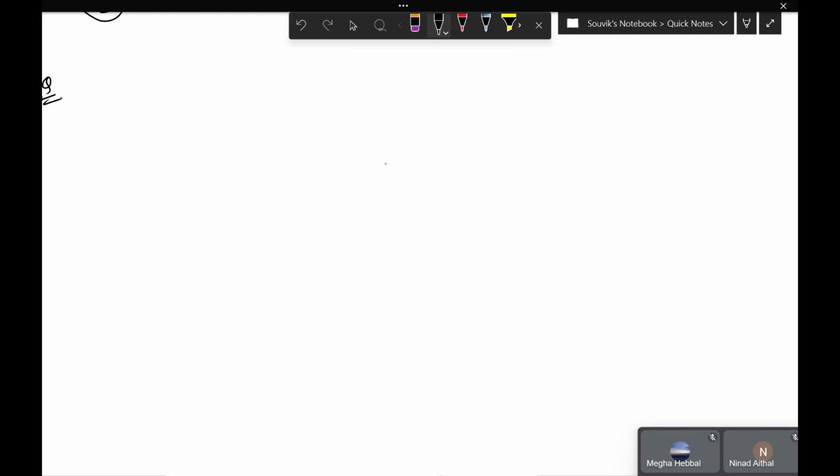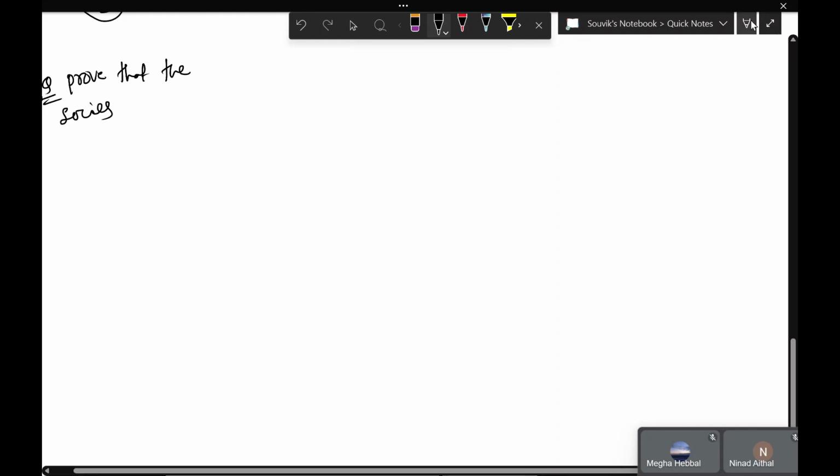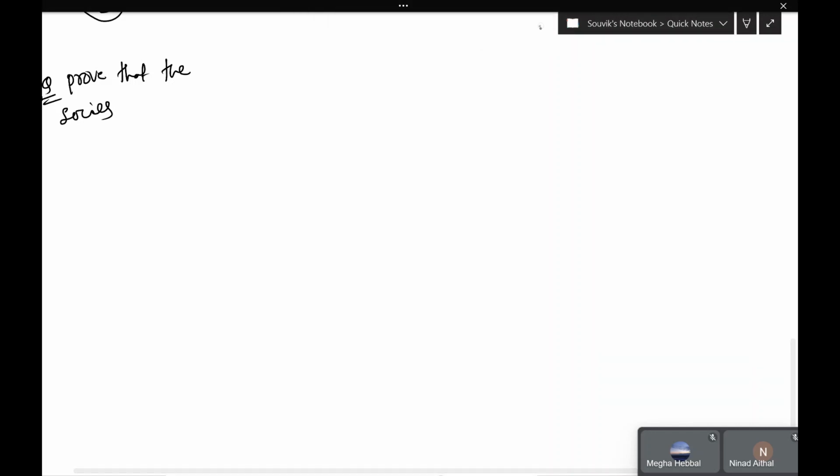So now consider the following question, which says to prove that the series 1 minus half plus 1/3 minus 1/4 plus dot dot dot converges.